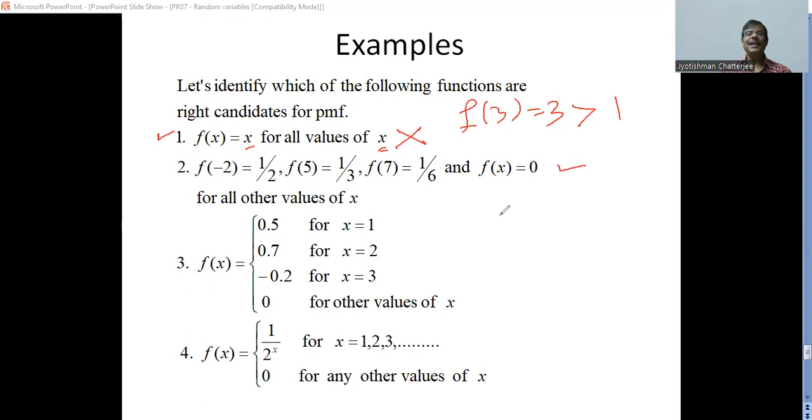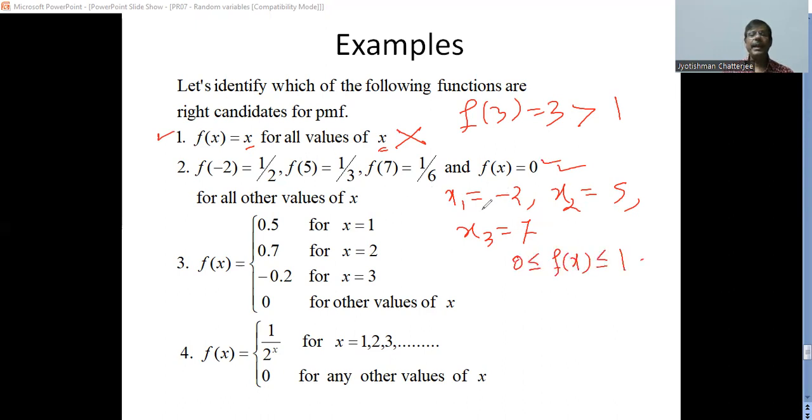Let's look at this. Here we are given 3 values, x1 equal to -2, x2 equal to 5, and x3 equal to 7, right? For all other values, f(x) equal to 0. Please observe that for every value, f(x) is satisfying property 1.